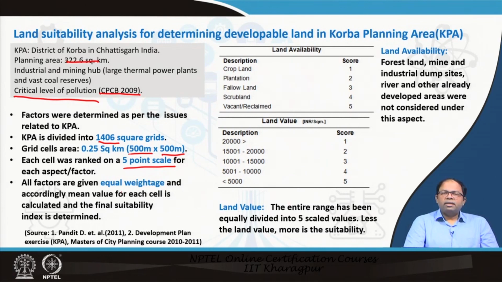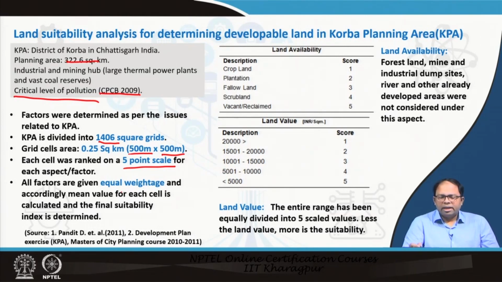All factors were given equal weightage, because we thought that we could have given weights to them, but we decided to give equal importance to all of them. The final suitability index was developed by multiplying factors with weights, or rather in this particular case taking the average of all the factors, because we are giving equal weightage.